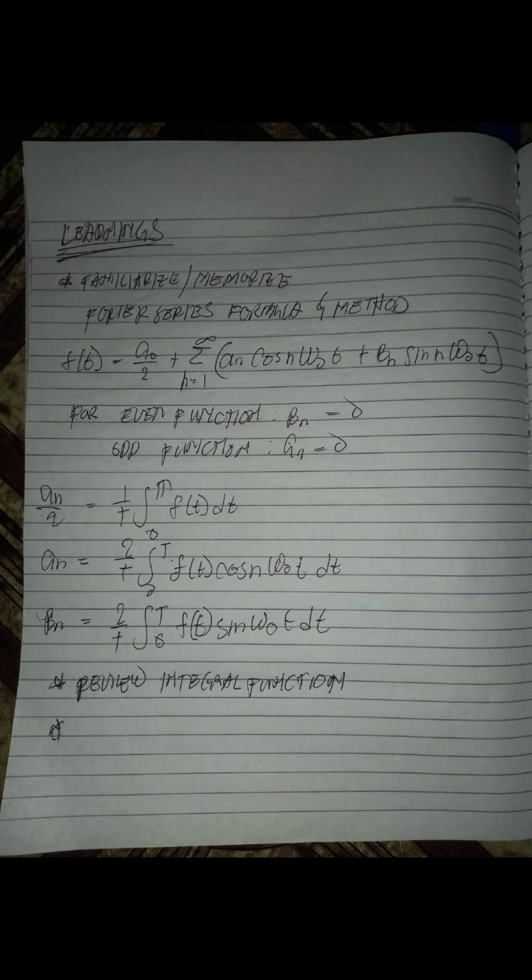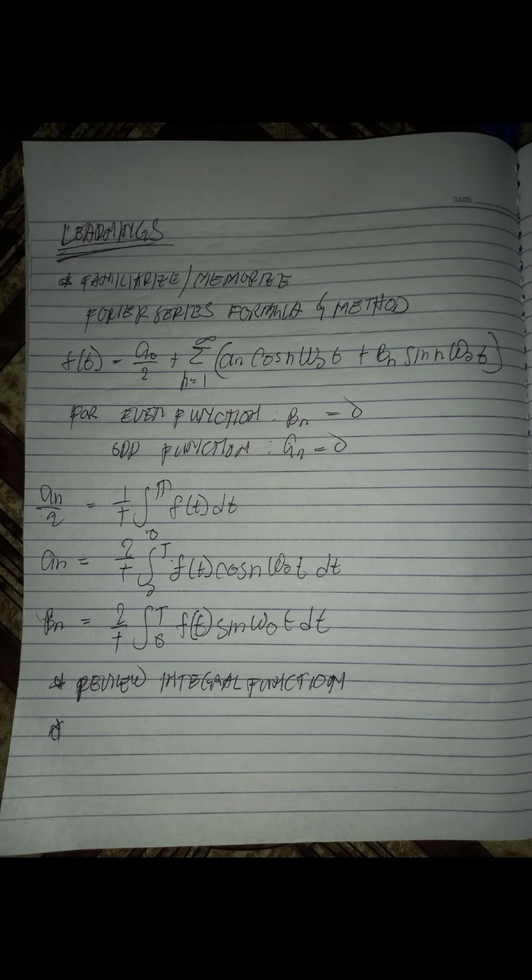So first we have to familiarize or memorize the Fourier series formula and method. This is the formula: f(t) = a0/2 plus the summation from n = 1 to infinity of an cos(n ω0 t) plus bn sin(n ω0 t).